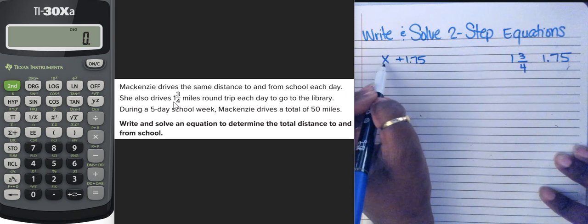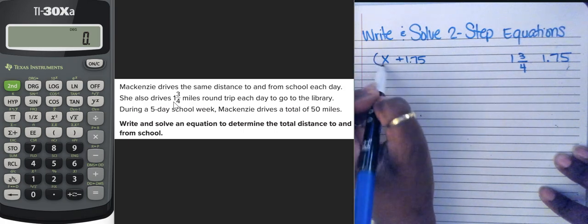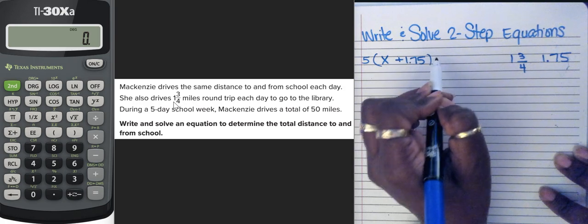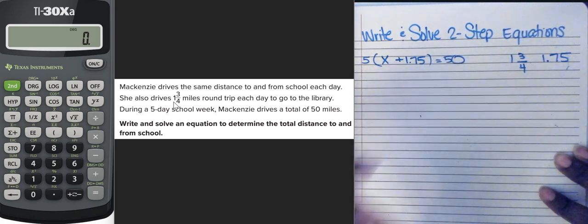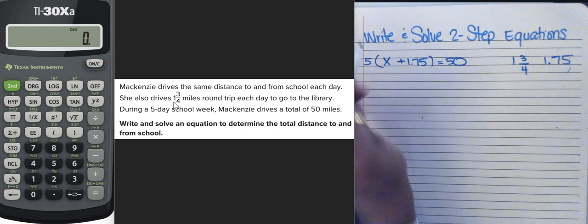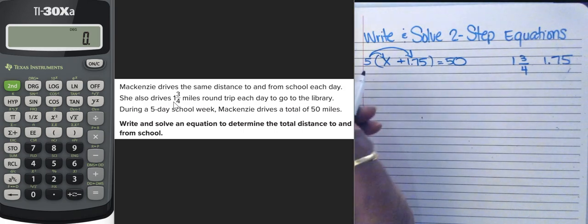All right, so we know that she's going to travel X plus 1.75 miles, and she's doing this 5 days a week. So we're going to multiply that by 5, and then that's going to be equal to 50. Now we're going to use the distributive property to simplify this expression.